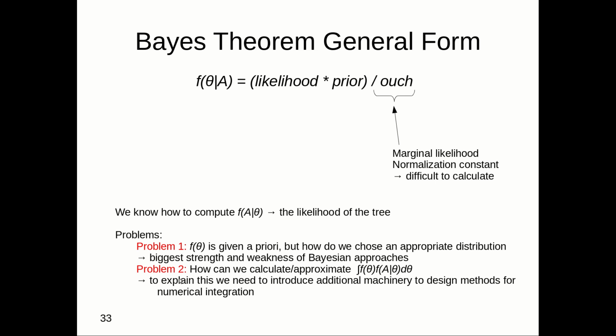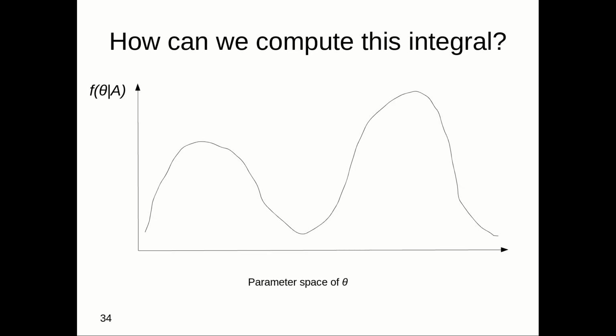To explain this, we need to introduce some additional machinery to design methods for numerical integration, right? We cannot compute this exactly, because there are just too many parameters and too many values those parameters can take. So we need to come up with some sort of machinery for what we call numerical integration.